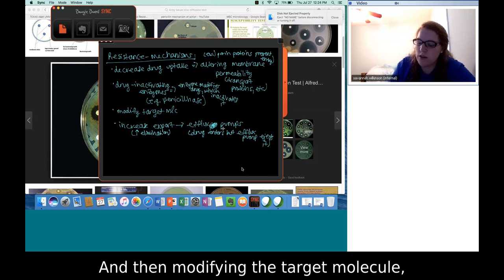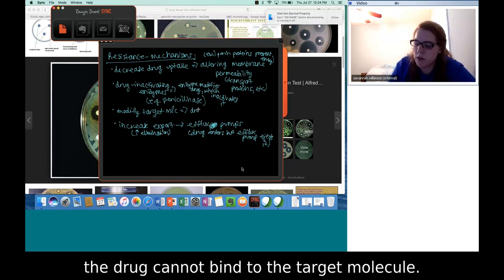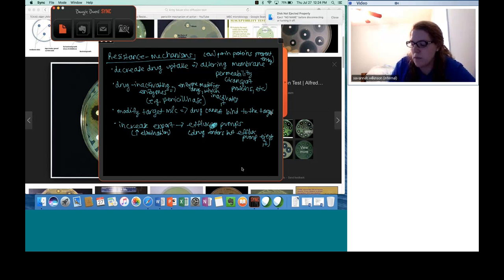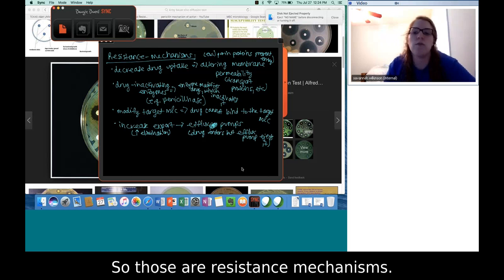And then modifying the target molecule, the drug cannot bind to the target molecule. So those are resistance mechanisms.